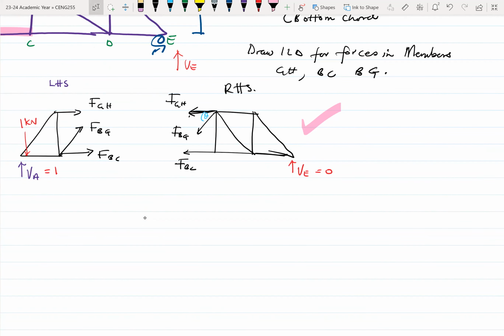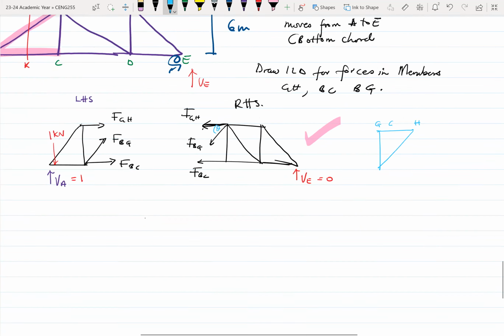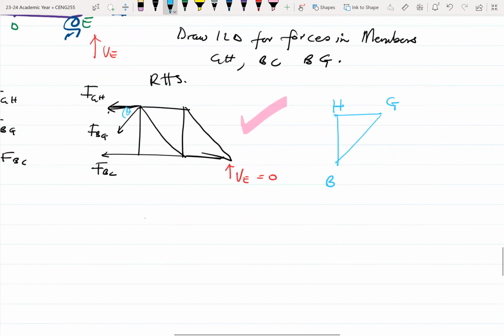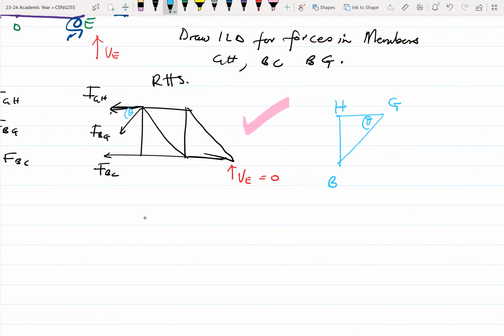Here's H and here is G, and this is B. The angle here is theta.